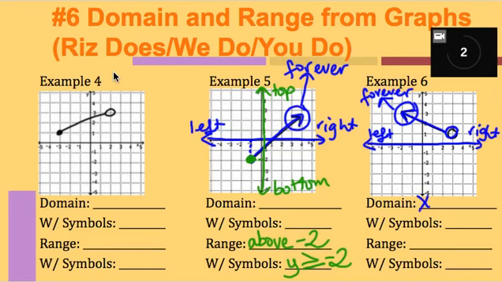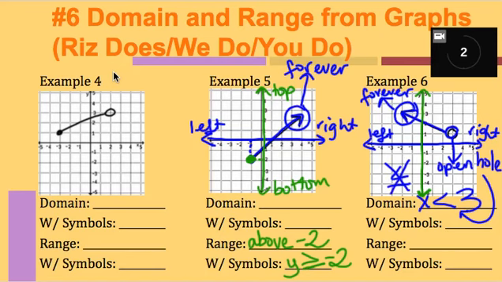So x can be less than +3. Okay? And sorry, one more point about this. Because it's an open hole, that's why it's just less than and not less than or equal to.